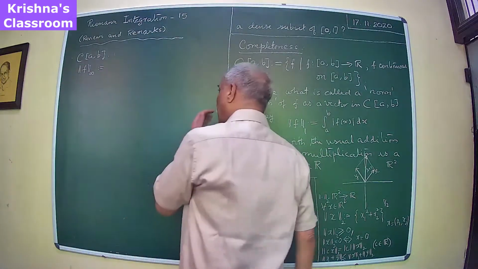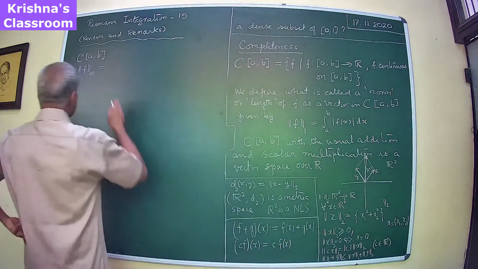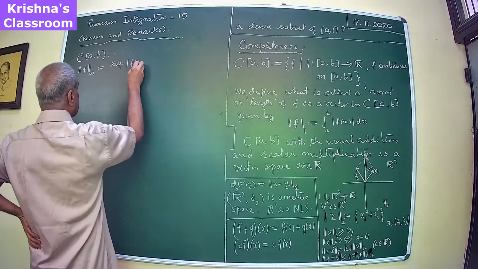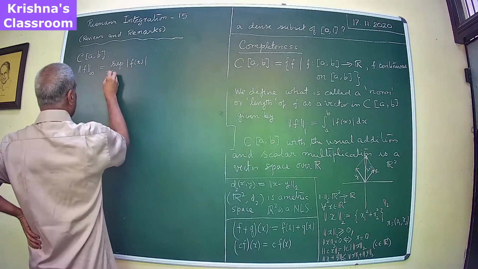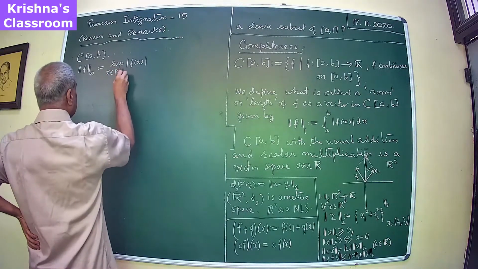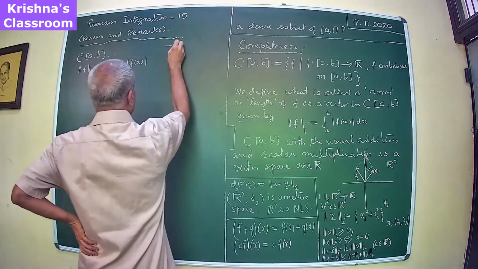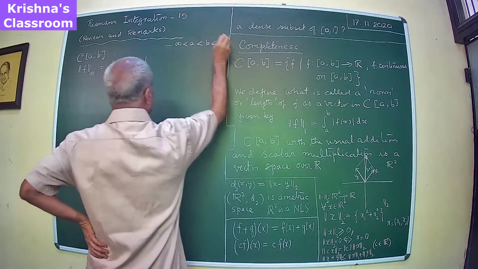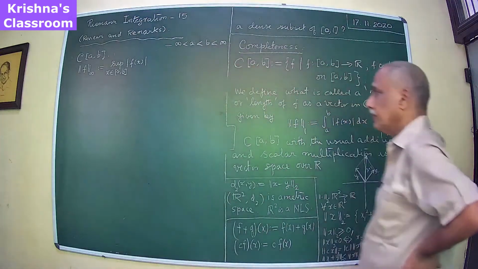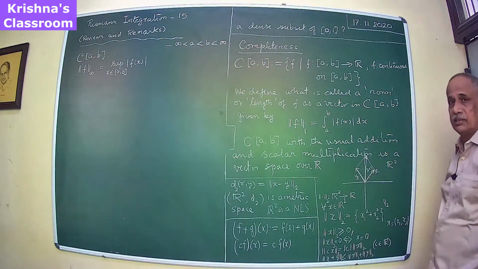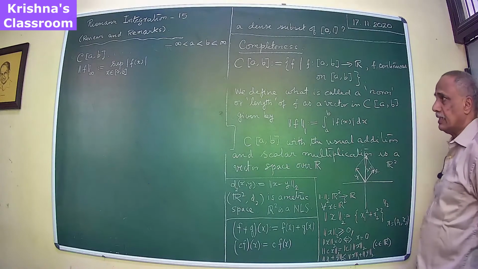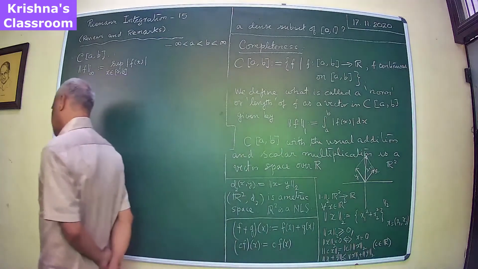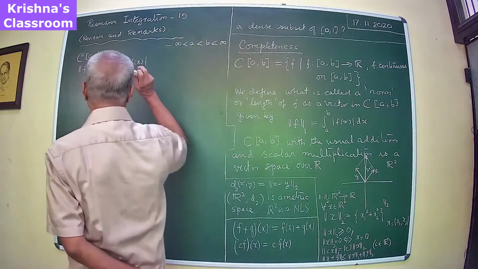the supremum of mod f of x for x belonging to [a,b]. See, we are considering minus infinity less than a less than b less than infinity. So it's a compact interval on which we are talking about continuous functions, and there you see that each function f is bounded, therefore the supremum of f(x) exists.